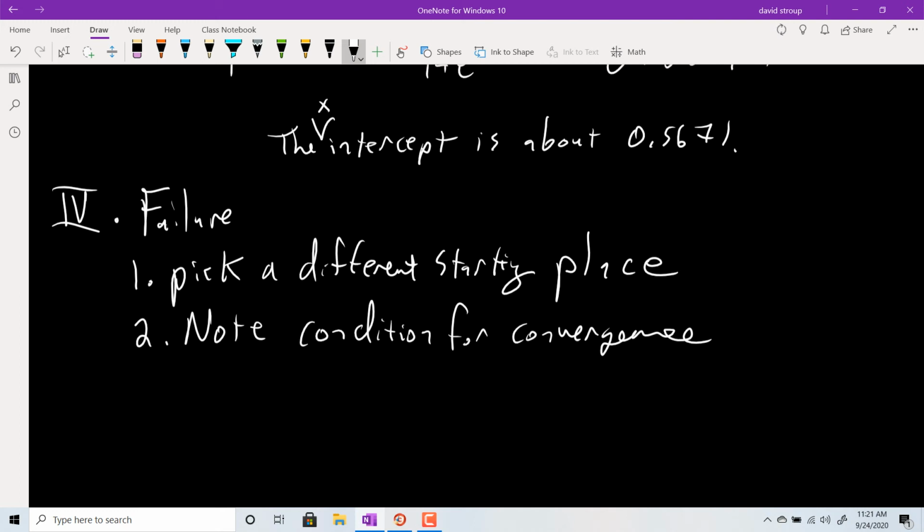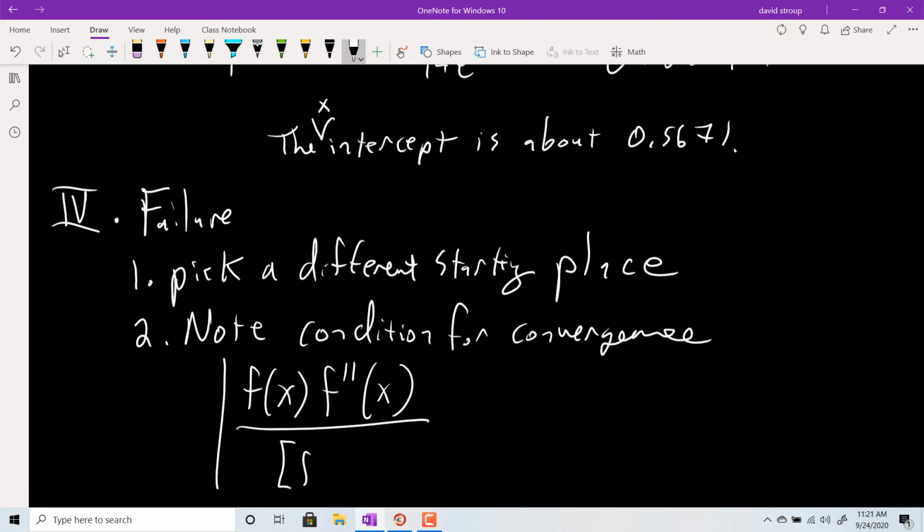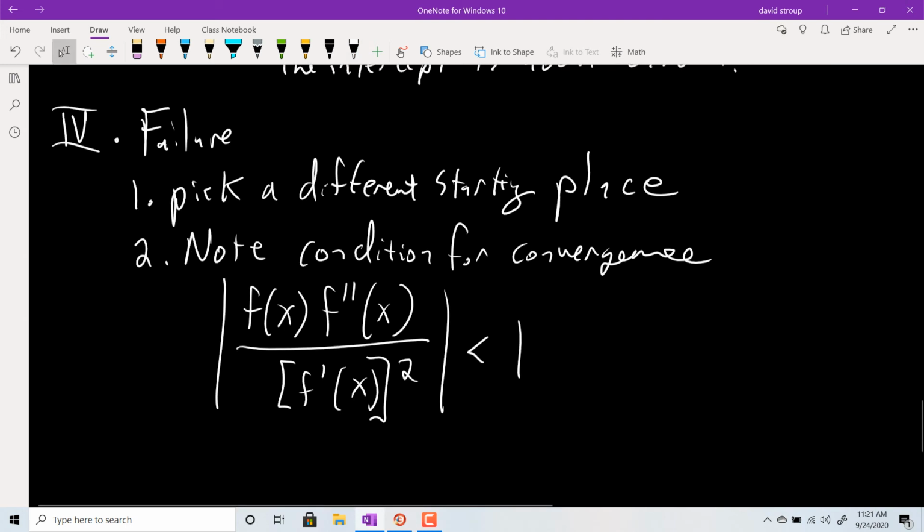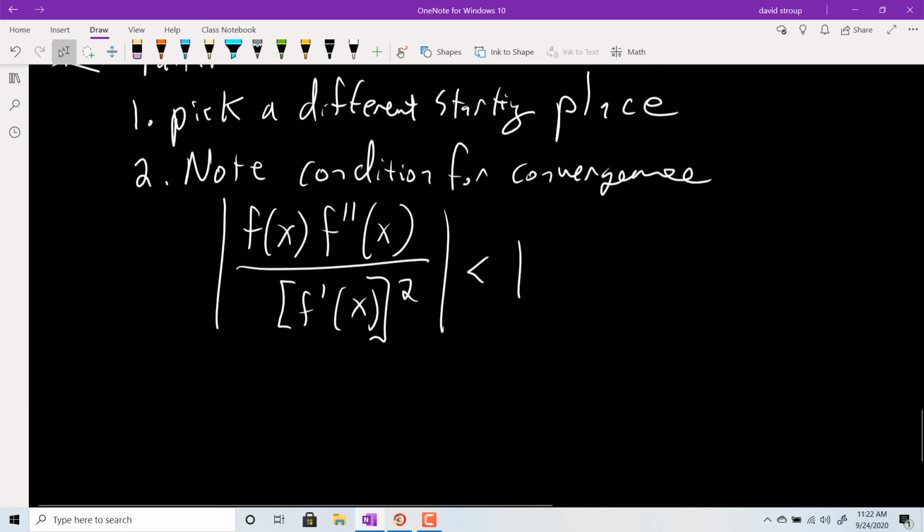The condition for the convergence of these numbers is that the absolute value of this expression has to be less than 1. I'm not going to get carried away with that, but if things really go wrong in your life, you may have to investigate that formula. Okay, I won't force you to.